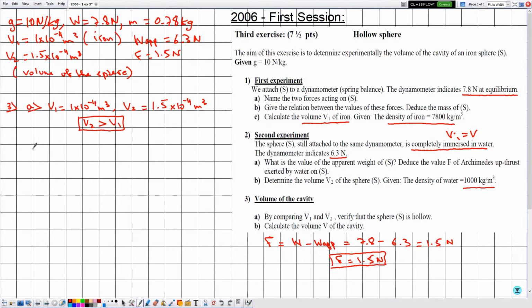Then the justification, or the verification, is as follows.